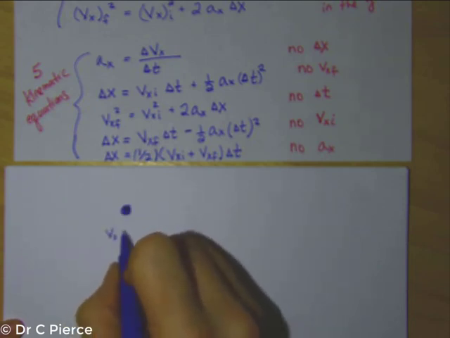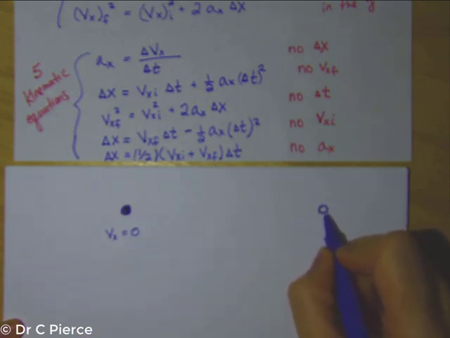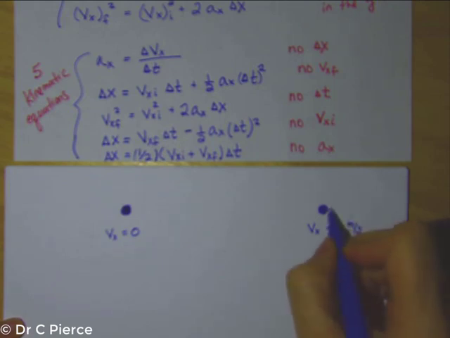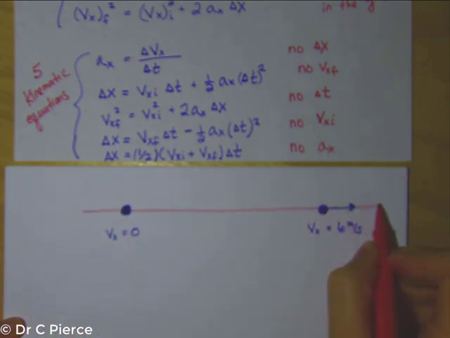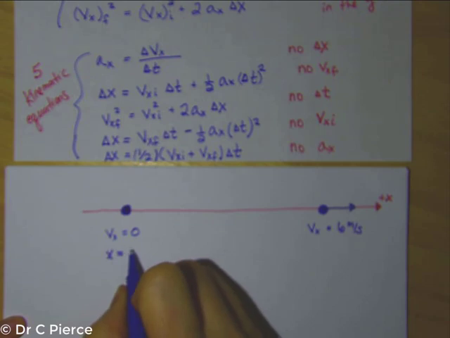So I'm going to imagine that this is the starting point, and it's at rest, meaning it's stopped, so Vx would be equal to 0 at that point. And then sometime over here, he's at his cruising speed, his cruising velocity of 6 meters per second. And so I'm going to imagine them going rightwards, and my coordinate system also going positive to the right.